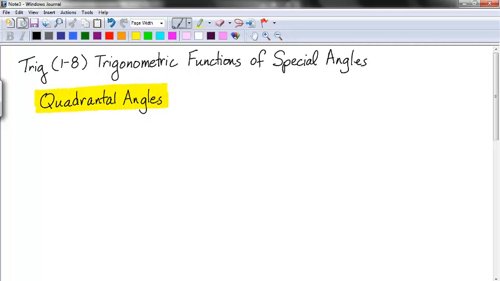Okay? In all of this, for the quadrantals, we're going to use what they call a unit circle. And a unit circle has a radius equal to 1. Okay? So when you look at a unit circle, the radius of your circle is equal to 1.